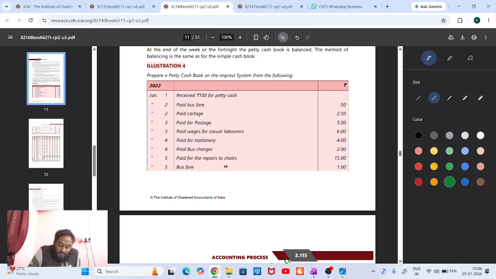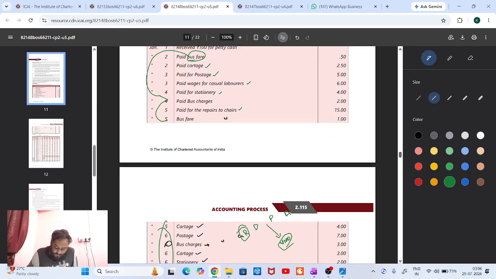And then write all the accounts. Bus fare, it is conveyance. Bus fare, cartage, postage, wages, stationery. Repairs to chair, again bus fare. The cartage comes here.